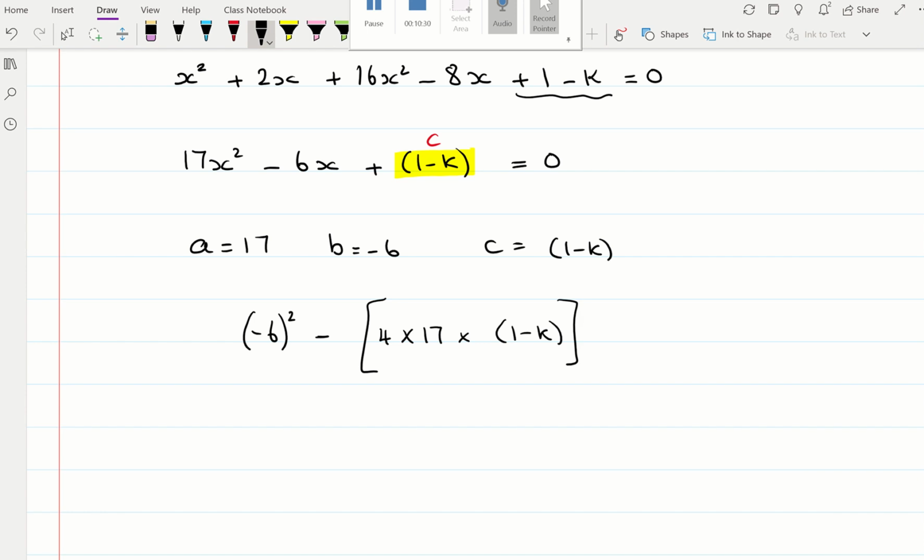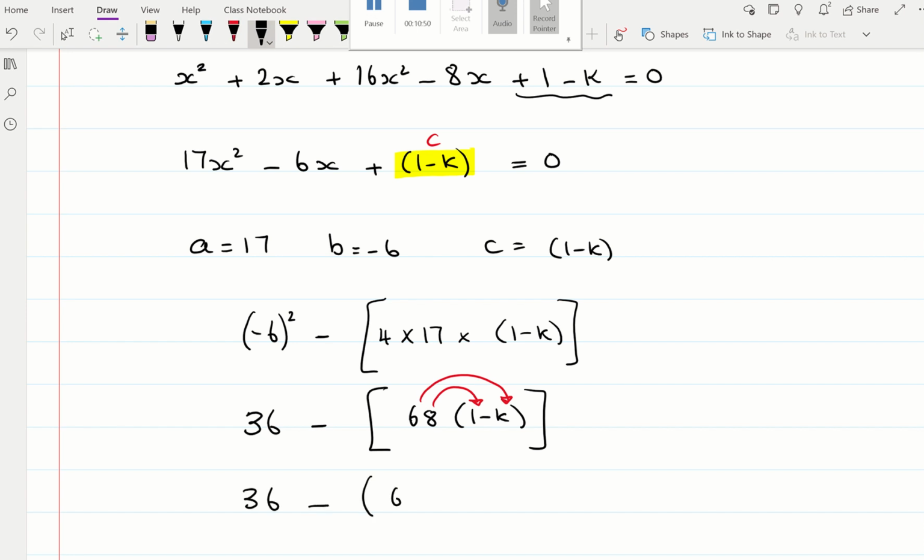Well, negative 6 squared is a positive 36, and I've got 4 times 17 is 68, so it's 68 times the bracket. So you multiply the bracket out, 36 minus 68 minus 68k, and I might as well put smaller than 0.